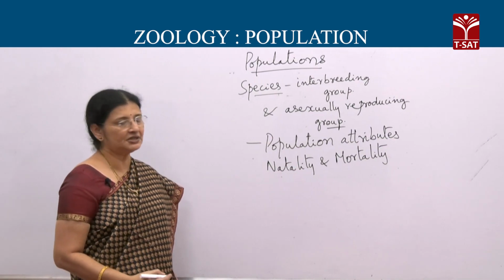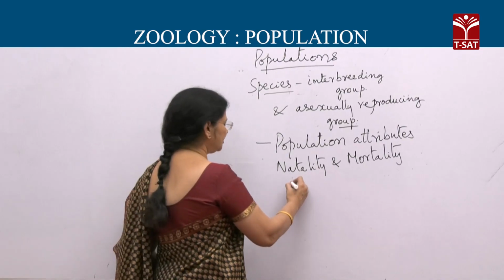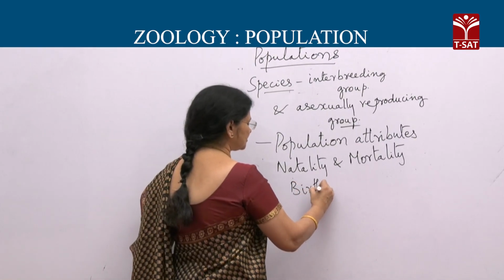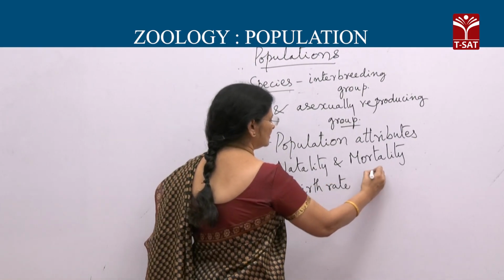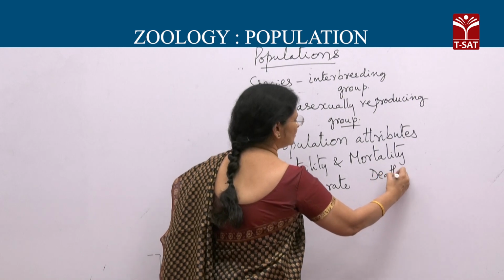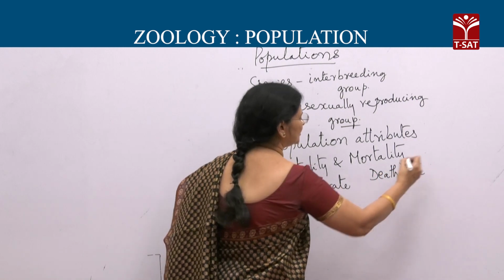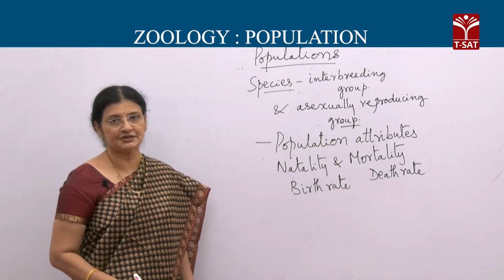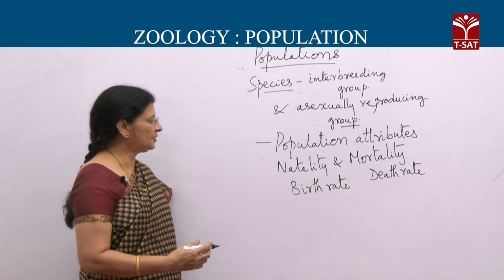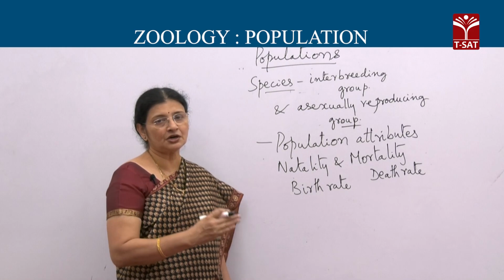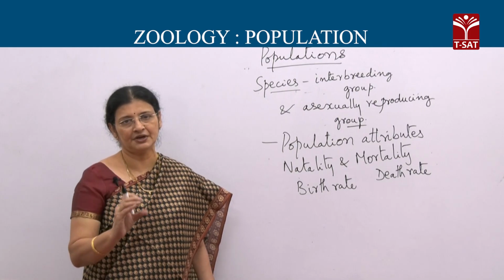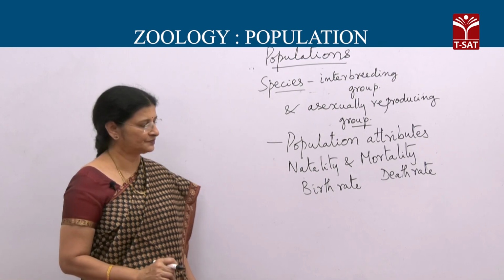Natality is birth rate, mortality is death rate. Here we are talking about the entire group living at that particular place, so we talk about the birth rate of the population in a unit time.